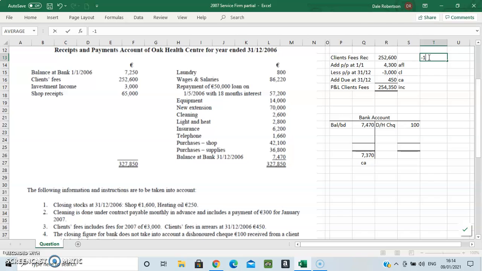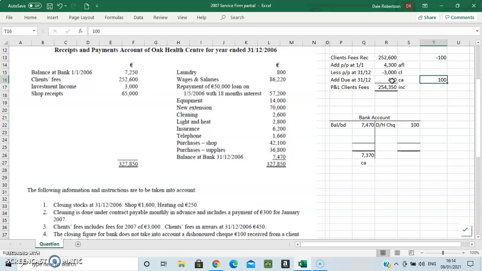So how we need to treat that is we need to take that €100 essentially out of the client's fees received, because you see how it went in here, 252,600? Actually, only 252,500 went in there. So we take 100 out of there, and instead we add 100 on to here. Because if the check bounced, he has not yet paid us, so therefore he still owes us.